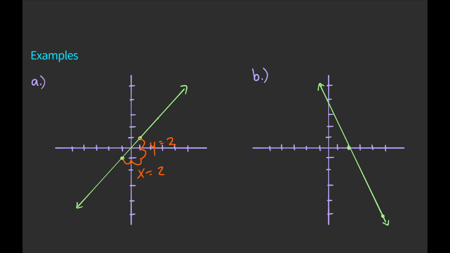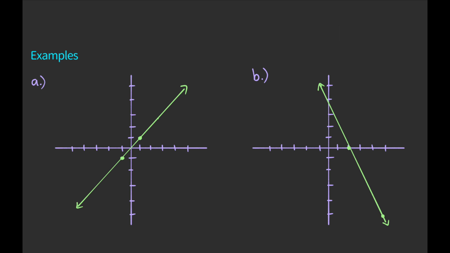Now that we have our numbers, slope is going to be y over x. Remember, in slope, everything is y over x. It's never x over y. So our slope, m, would equal 2 over 2, which is the same thing as 1. So our slope is 1.